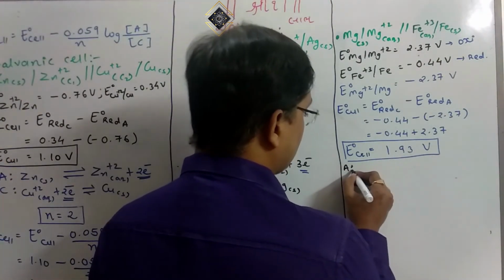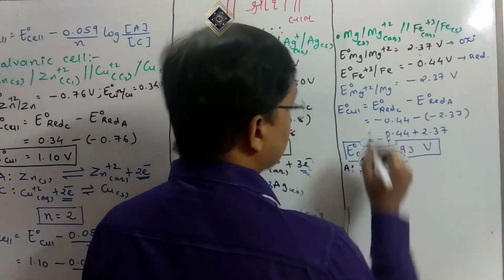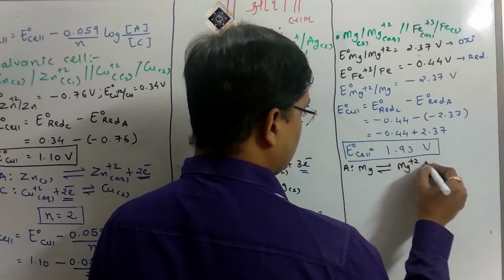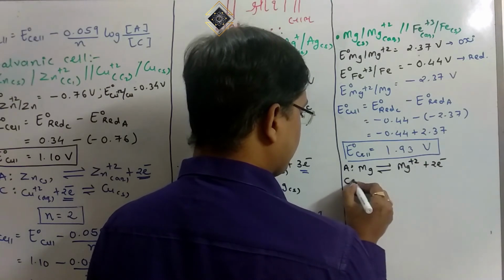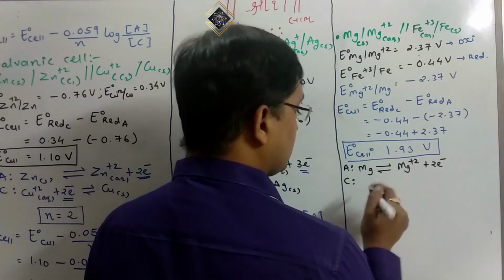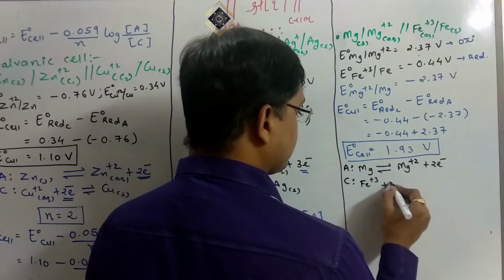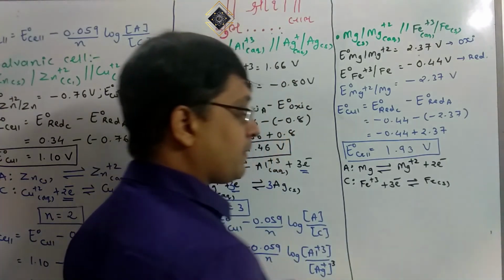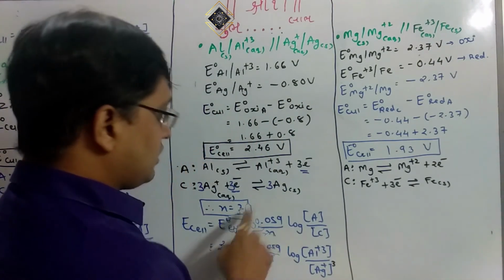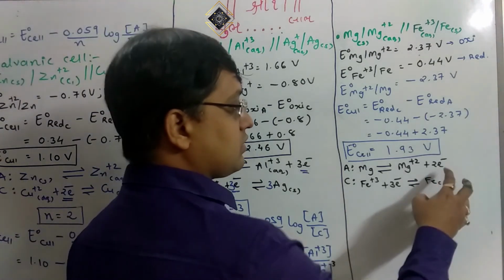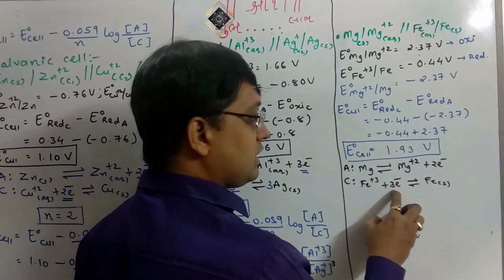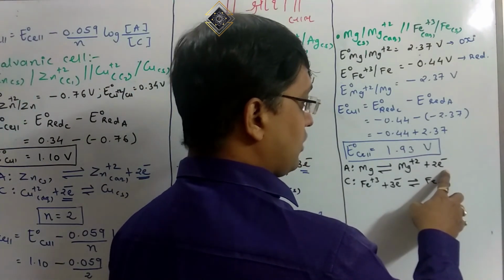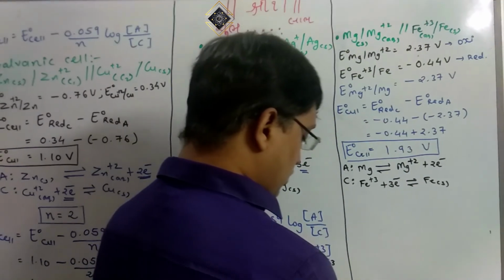Now find out n. For that, for the anode equation we have Mg converting to Mg plus 2. So Mg reversible to Mg plus 2, 2 electrons are required to be lost. Fe plus 3 converting to Fe means 3 electrons are required to be gained. To find n, the number of electrons must be balanced. Here the electrons are 2 and here it is 3, so we have to multiply the anode reaction by 3 and the cathode reaction by 2.